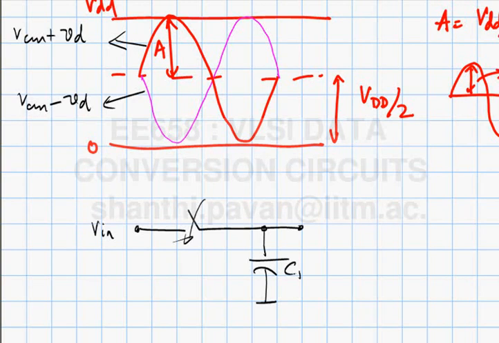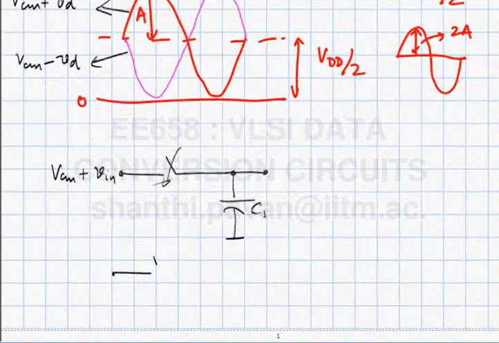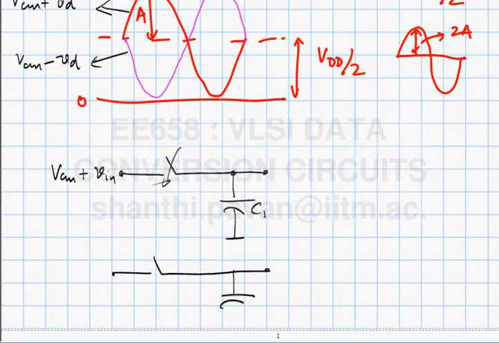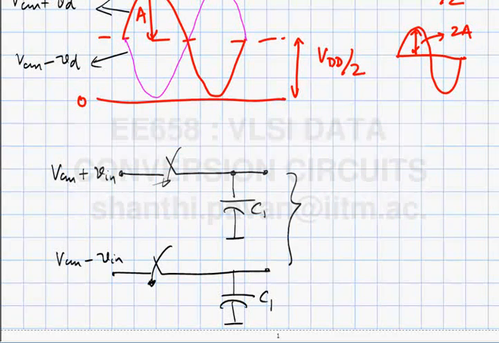If you want to have a differential sample and hold, you have VCM plus V in. You have another one, VCM minus V in, and your output is not the voltage across any one capacitor, it is now the difference between the two capacitor voltages.